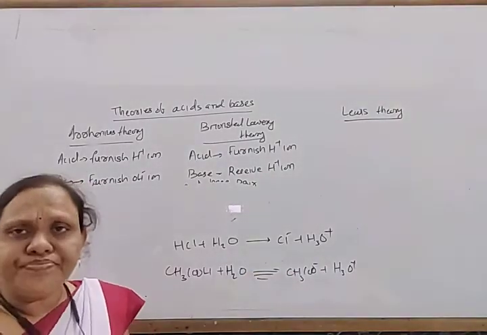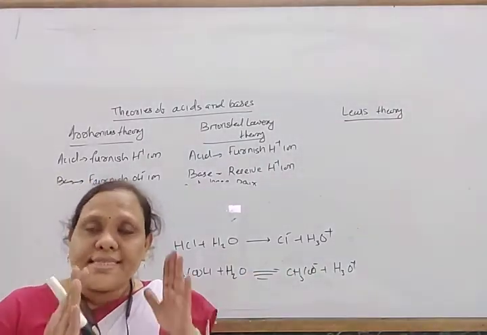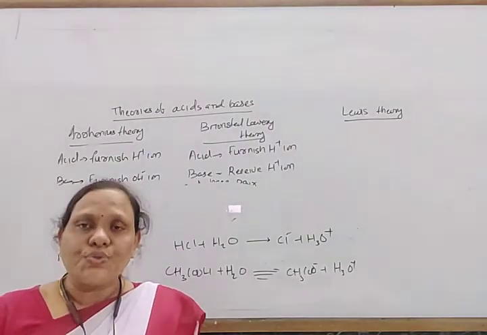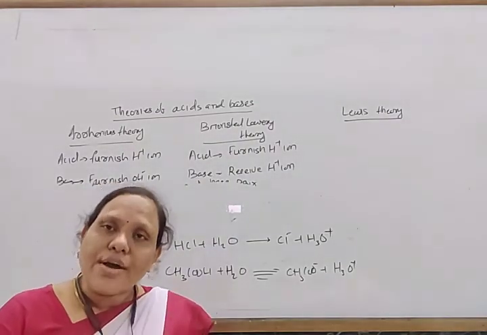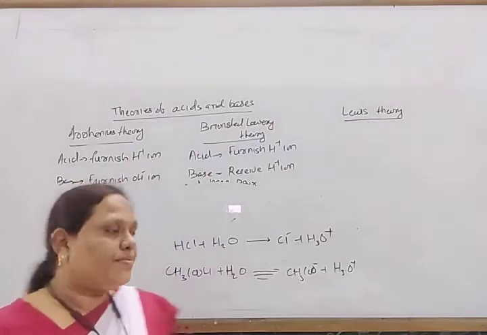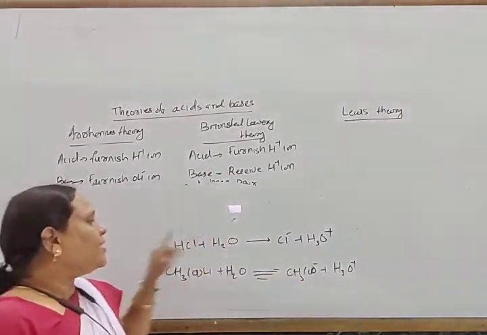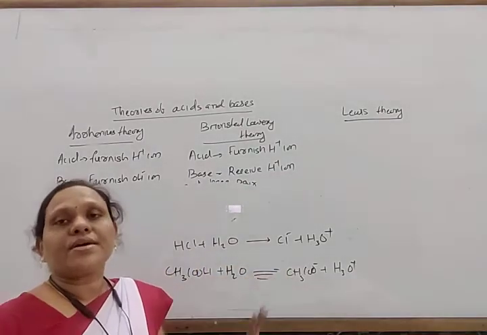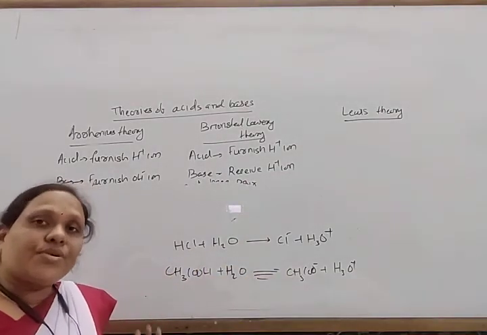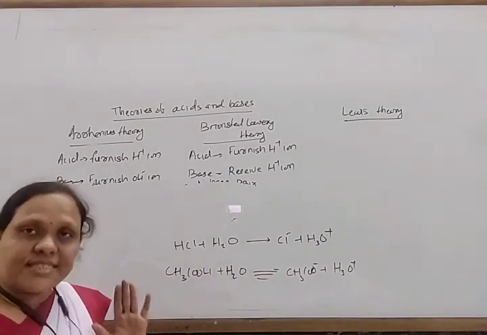So we can say a weak acid has a strong conjugate base, while a strong acid has a weak conjugate base. In this way you can compare the acid-base strength.